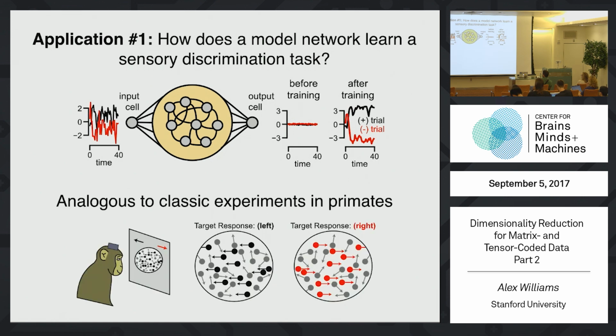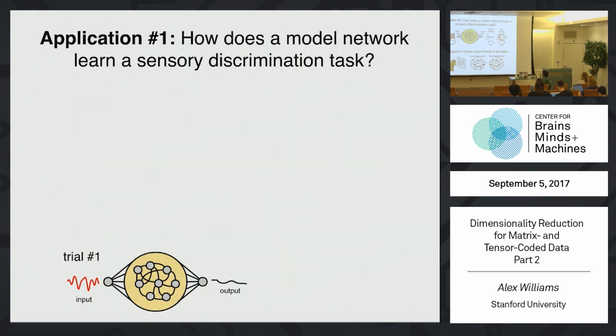The motivation behind this artificial network is that we're trying to solve something analogous to a classic experiment pioneered by Bill Newsome and others, done in primates as well as rodents, where you have random dot motion, and if there's coherent motion to the left across this random background, the monkey is supposed to respond left. If there's coherent motion to the right, the monkey indicates that response. This neuroscience experiment is analogous to the in silico model that we're going to reverse engineer.